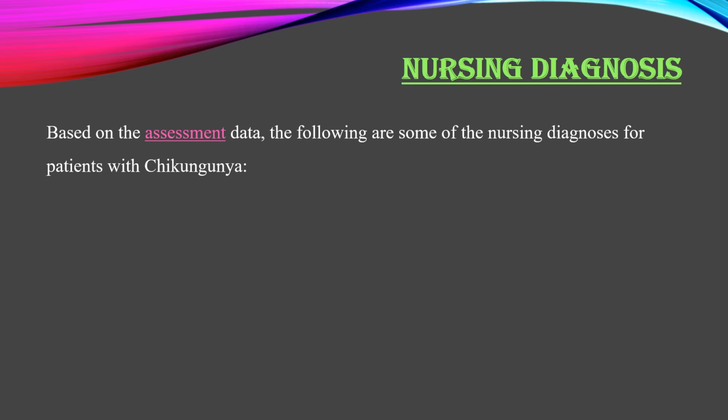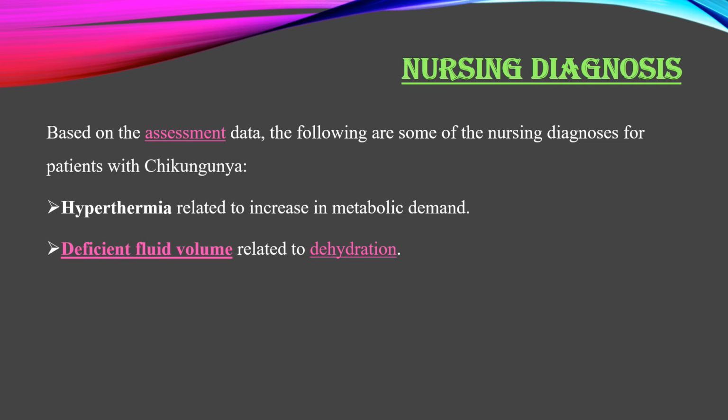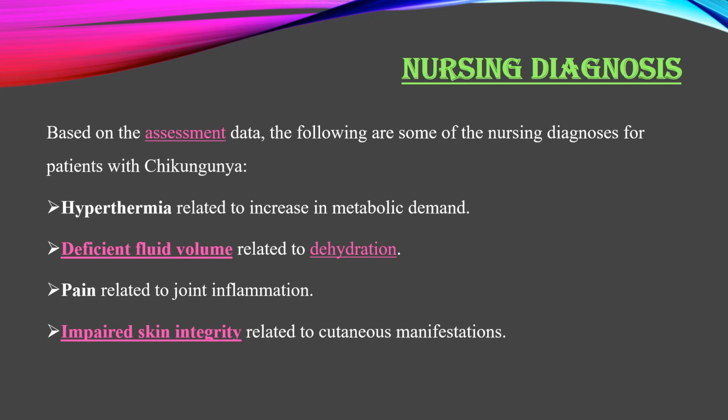Nursing diagnosis. Based on the assessment data, the following are some of the nursing diagnoses for patients with chikungunya. They are hyperthermia related to increase in metabolic demand, deficient fluid volume related to dehydration, pain related to joint inflammation, and impaired skin integrity related to cutaneous manifestations.